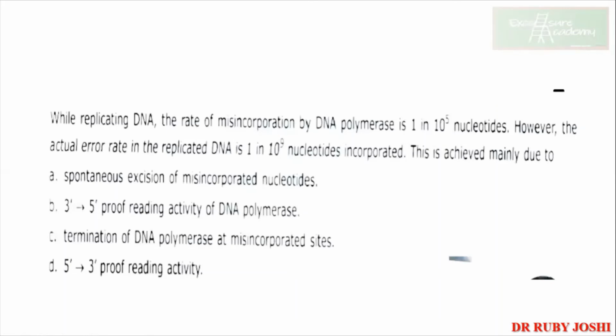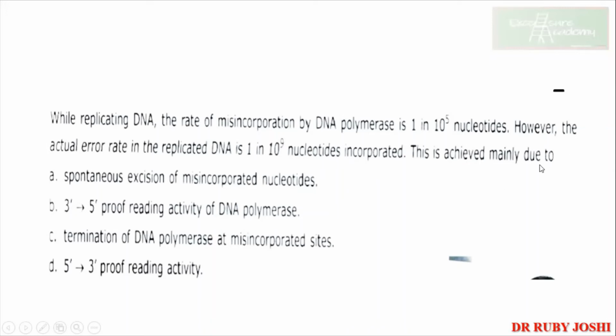I'll just read it for you guys. While replicating DNA, the rate of misincorporation by DNA polymerase is 1 in 10 raised to 5 nucleotides. However, the actual error rate in the replicated DNA is 1 in 10 raised to 9 nucleotides incorporated. Now this is achieved mainly due to dash.